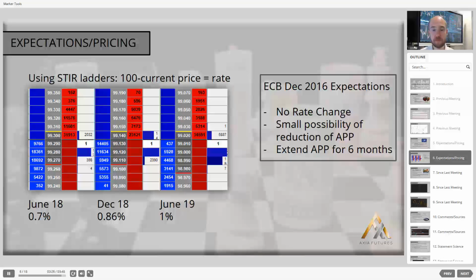We saw a small possibility of a change to the asset purchase programme, which you remember from that first slide was sitting at 80 billion. And finally, there was an economist expectation of an extension to the asset purchases of 6 months.